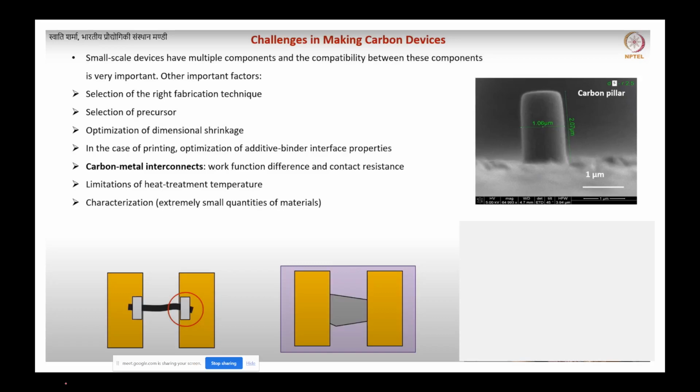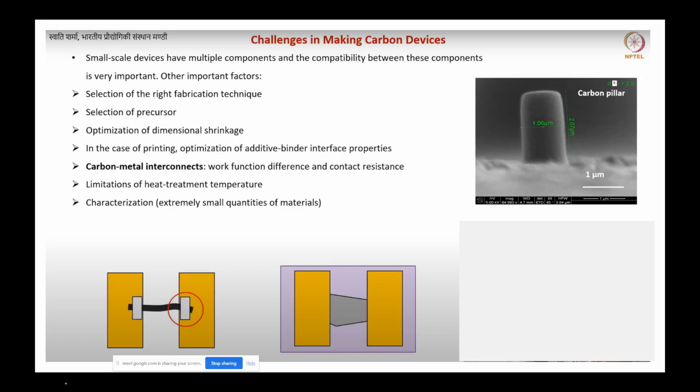Here the small scale devices have multiple components, and the compatibility between these components is very important. Compatibility means, suppose you are making a device, it is not always possible to use a single material to fabricate your device.